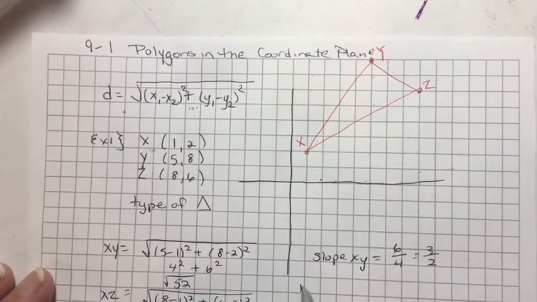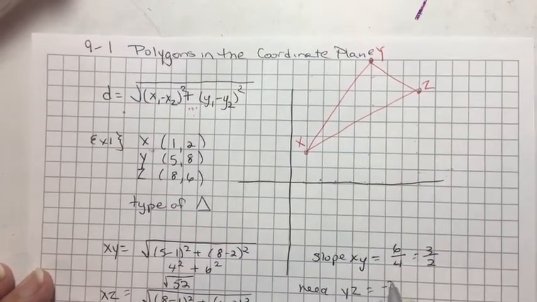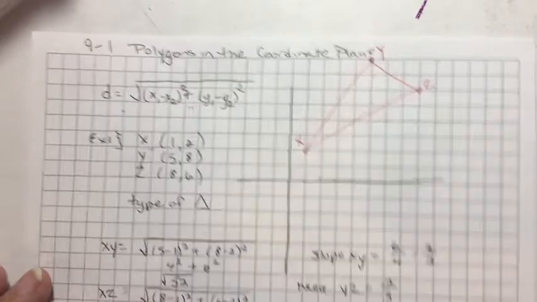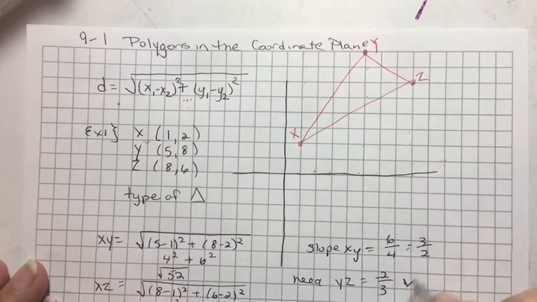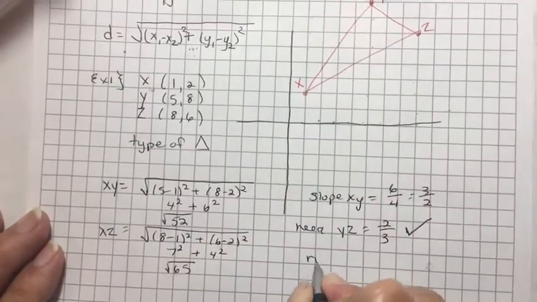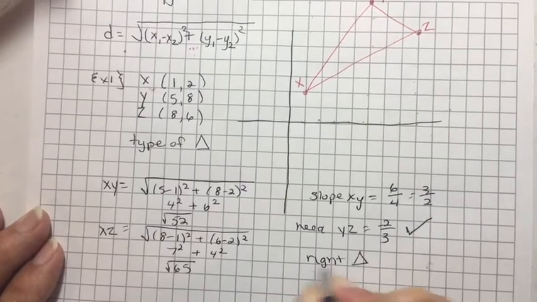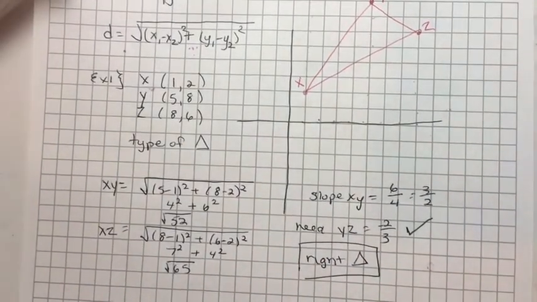Now, I need this one, YZ, to be negative 2/3 if it's going to be perpendicular. Down 2 over 3, yes, it is. And since it is, I have a right triangle. Okay, so it's a scalene right triangle.